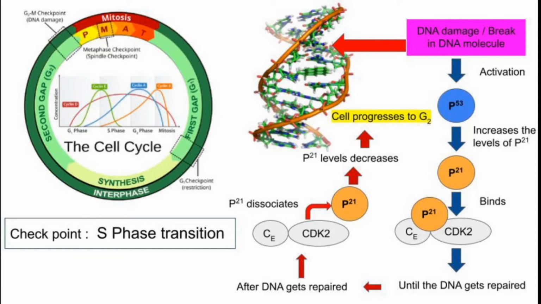After the DNA repair, this p21 protein dissociates from the complex and the level of p21 decreases, which causes the progression of the cell into the G2 phase.